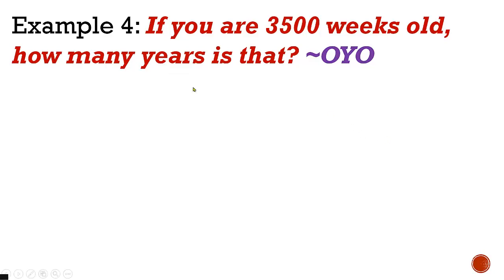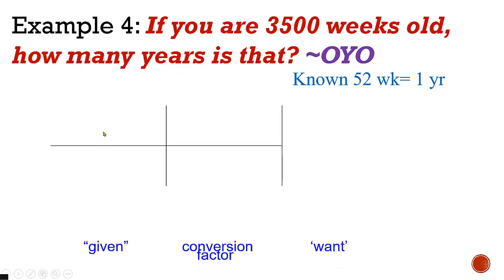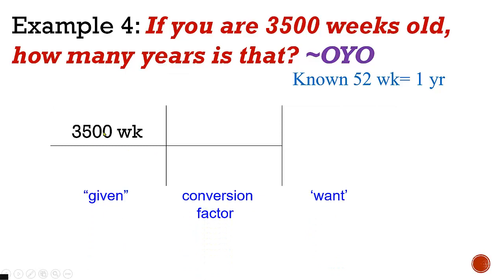All right, here we go. So what do I know? I know that there's 52 weeks in a year. We're going to make this a little bit easier here. So if I'm 3,500 weeks, okay, and then I can change, I know that in 1 year, there are 52 weeks, right? But which one do I want on top? I want to get rid of weeks. So weeks is going to go on the bottom, and I'm comparing that to 1 year.